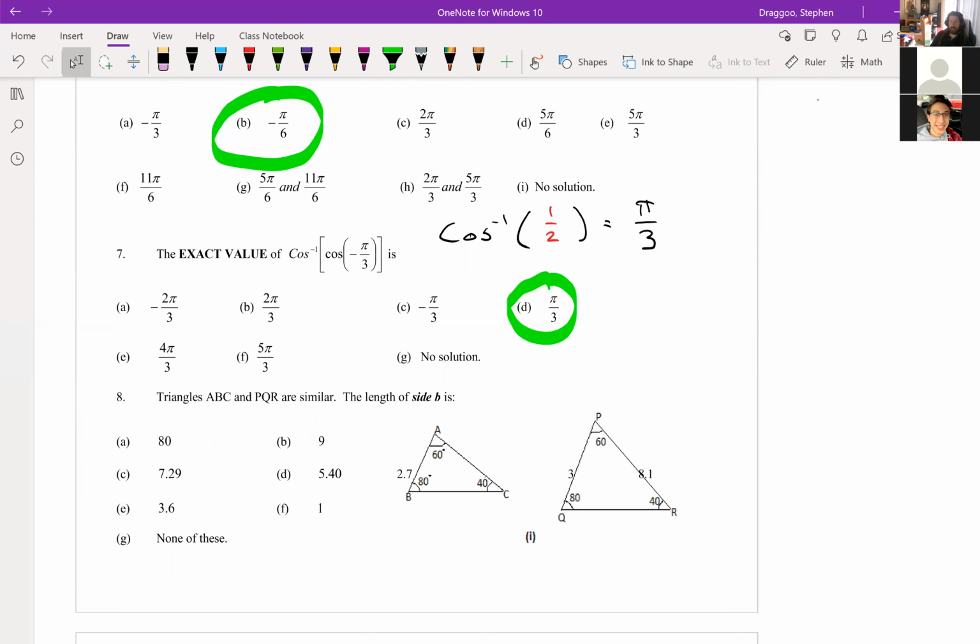And then in problem 8, we've got similar triangles. ABC and PQR are similar triangles.